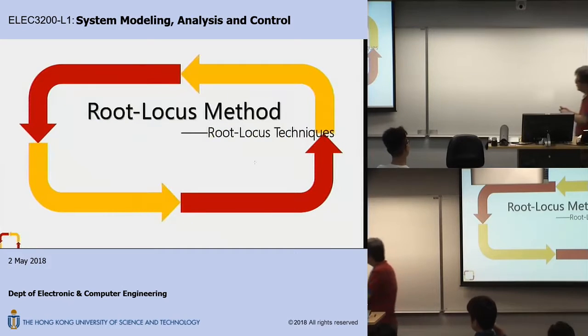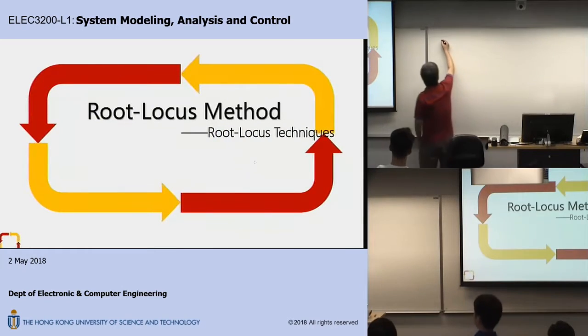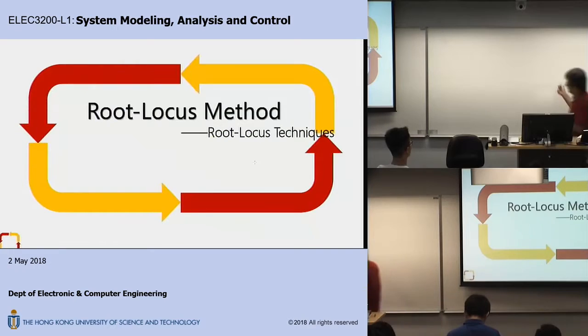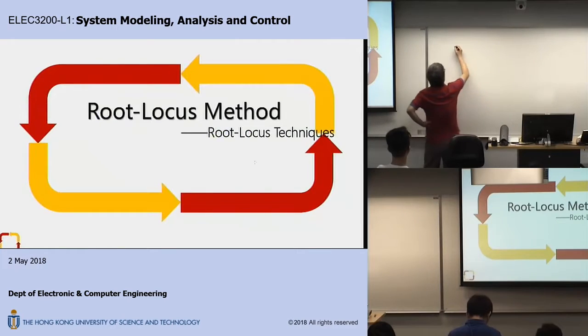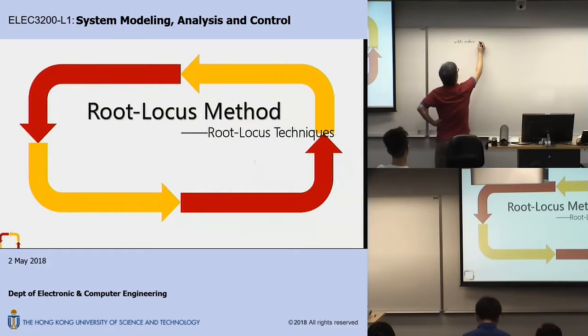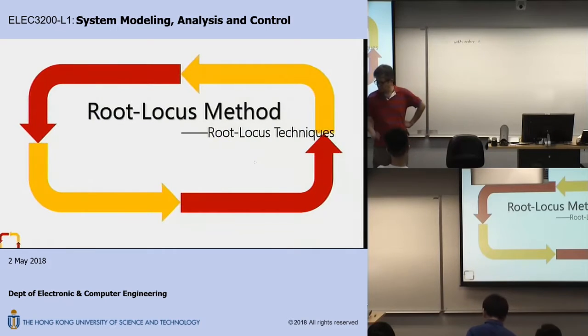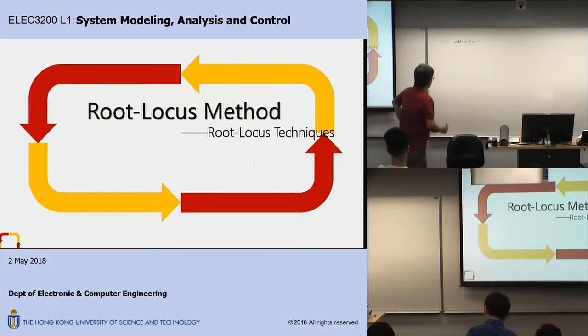So if we have a given P with order n, okay? That means the n might be a high order system. We know how to design the C(s).